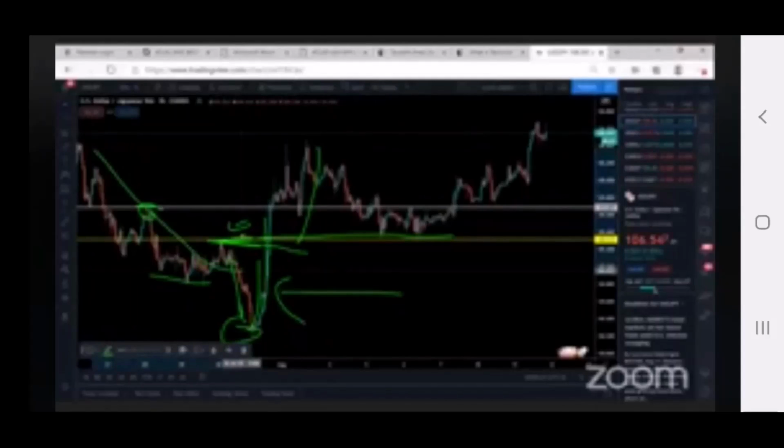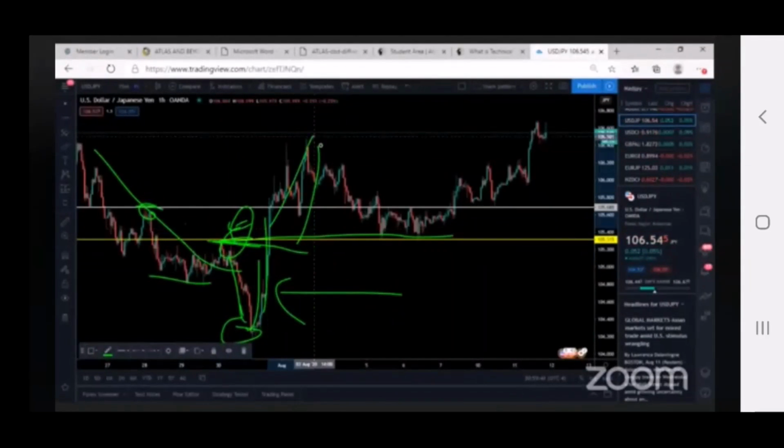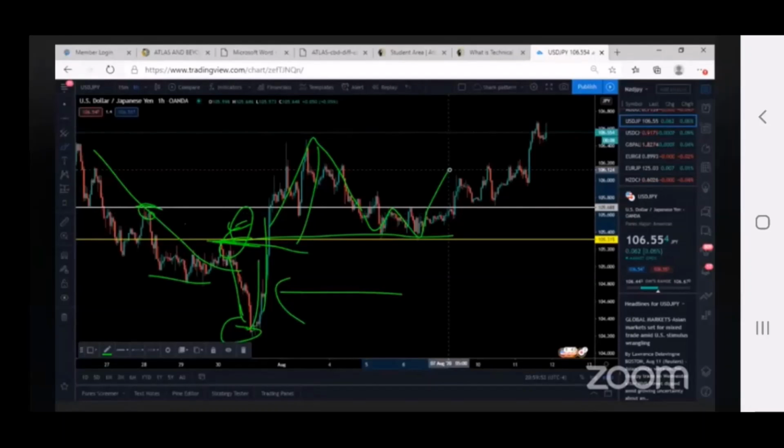It broke your high right here, so that was your most recent resistance point. Then it came back down, broke that, came up, and came back down to test that resistance point. And when it came to test it, it technically made that your new support level.